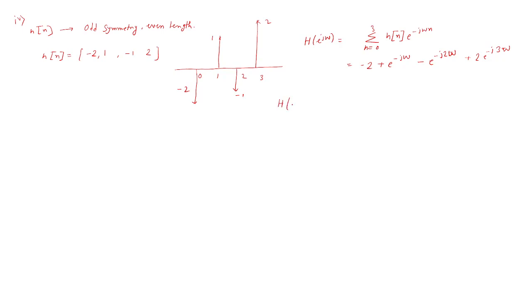So let us check the response of the spectrum at omega equal to pi: minus 2 plus e to the power minus j pi minus e to the power minus j 2 pi plus 2 e to the power minus j 3 pi, which is minus 2 minus 1 minus 1 minus 2.